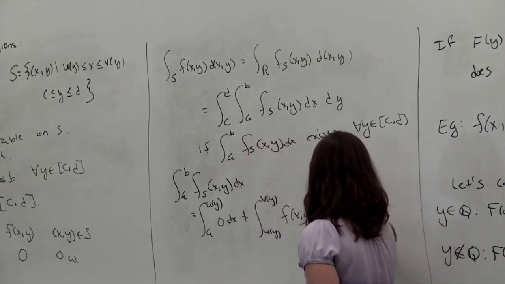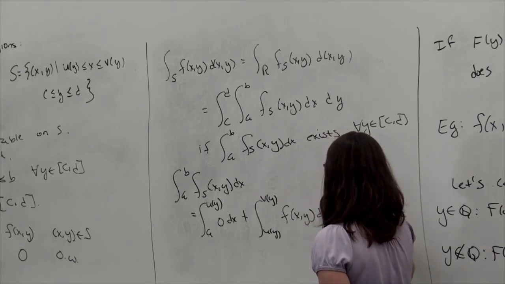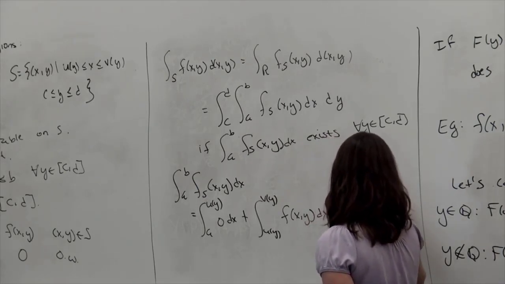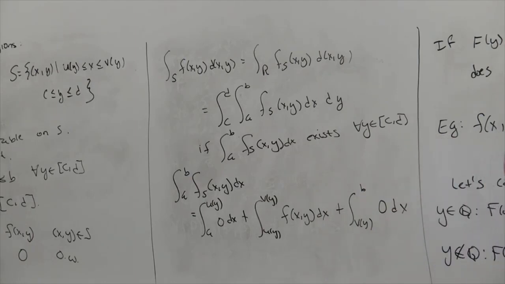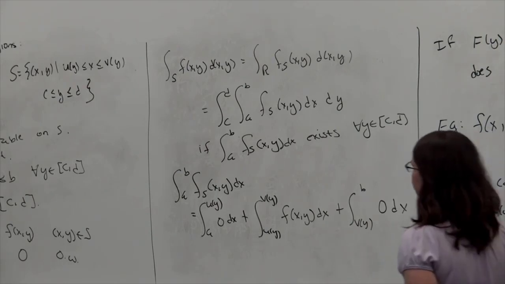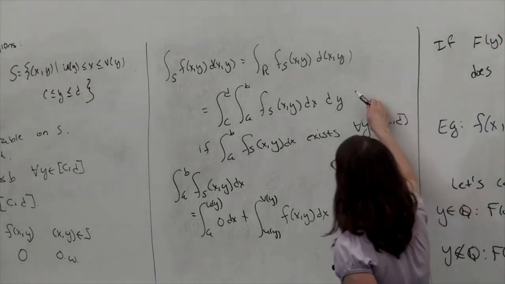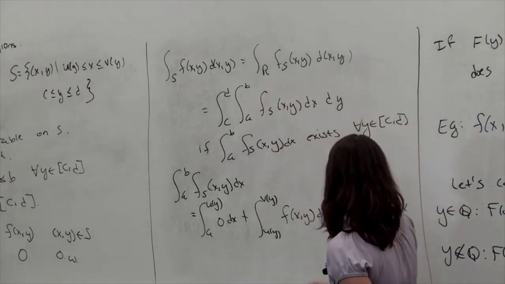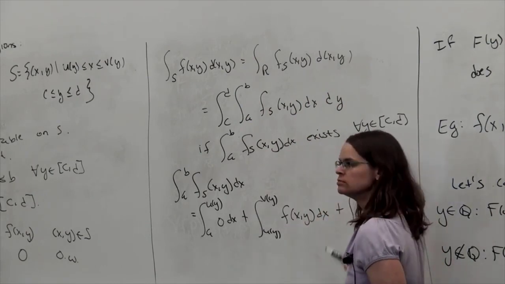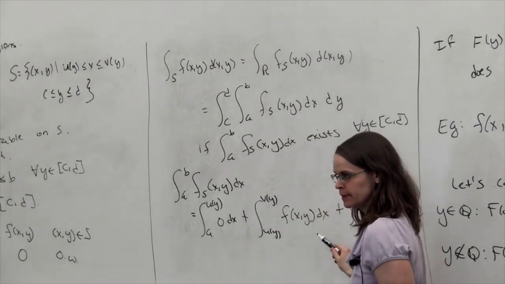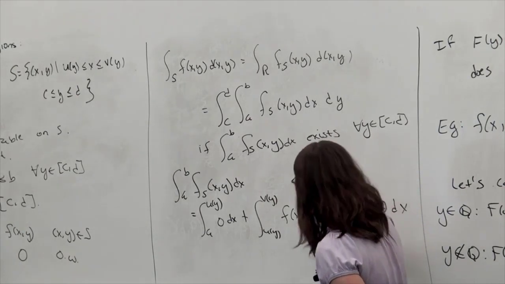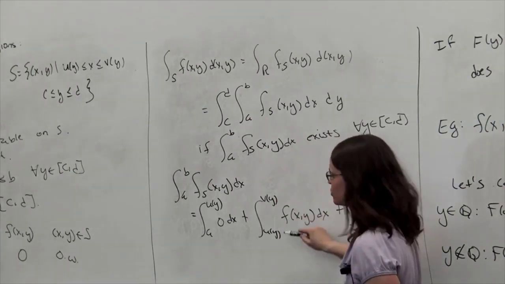And then I need to keep going with my integral to b, and again, I'm integrating the 0 function. Okay, so this inner integral with respect to x really does take on this form. I can write it as the integral of my original function between the limits that I expect.